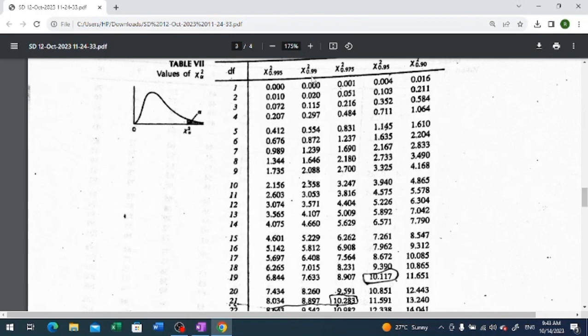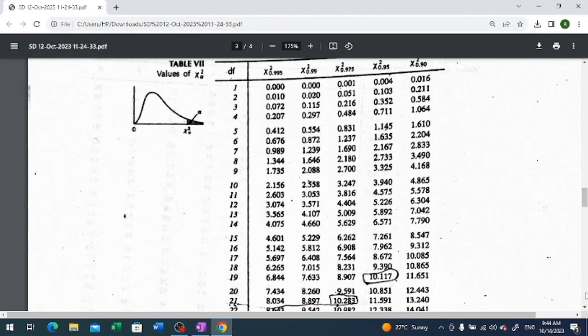Then this is chi-square 0.99, indicating the lower bound for 98%. Then chi-square 0.975 indicates the lower bound for 95% CI. This column indicates the lower bound for 90%, and this indicates the lower bound for 80%.